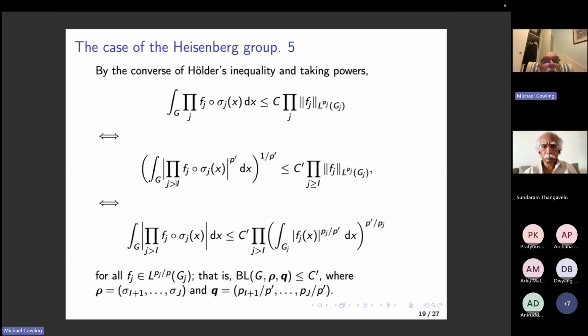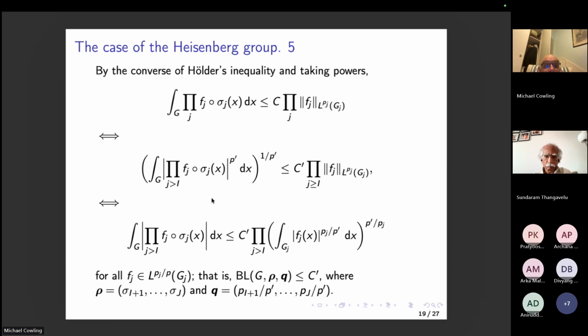And so I can say that the product for j bigger than I of these is less than or equal to some other constant, possibly, times the product of the corresponding L^p norms. So Hölder's inequality allows me to get rid of all of the homomorphisms which are actually isomorphisms.